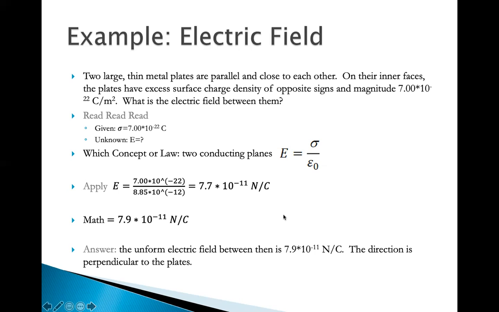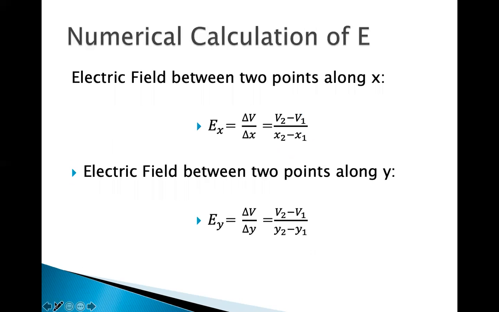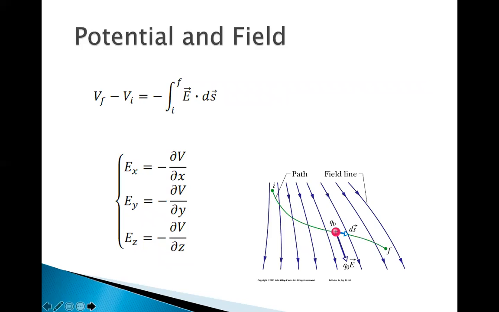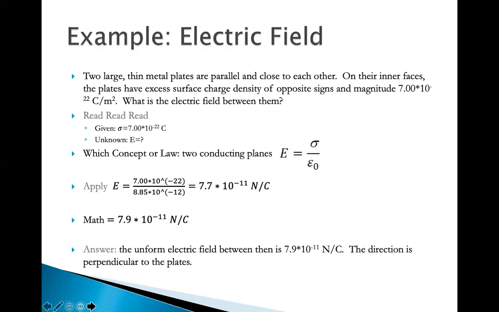If we apply the equation, then using the math, we can calculate that the electric field is 7.9 times 10 to the negative 11 newtons per coulomb. So to answer this, the uniform electric field between them is 7.9 times 10 to the negative 11 newtons per coulomb.